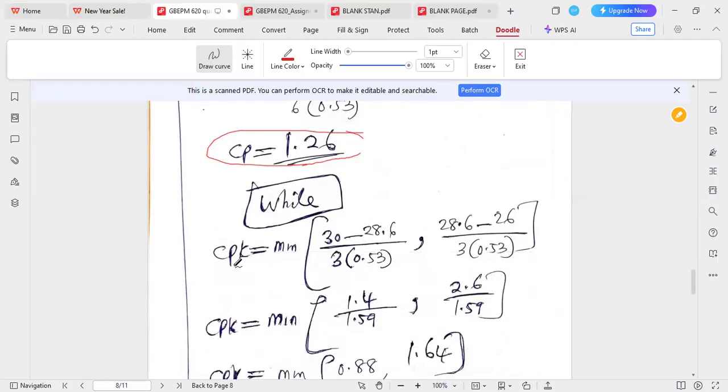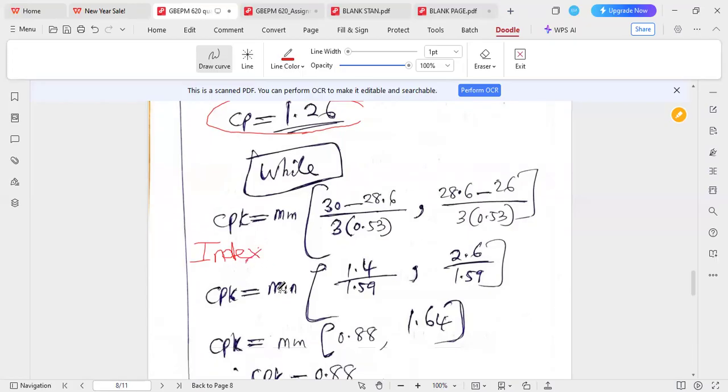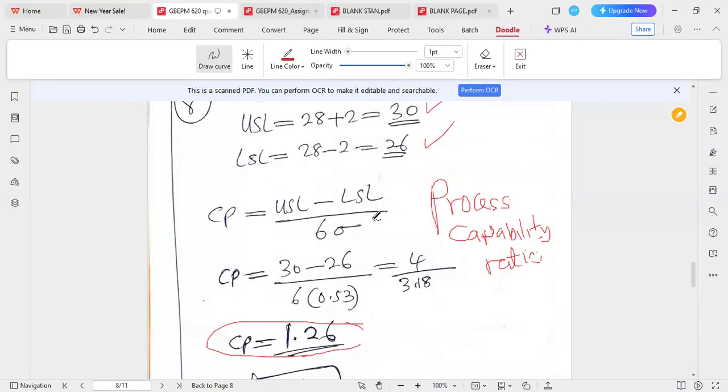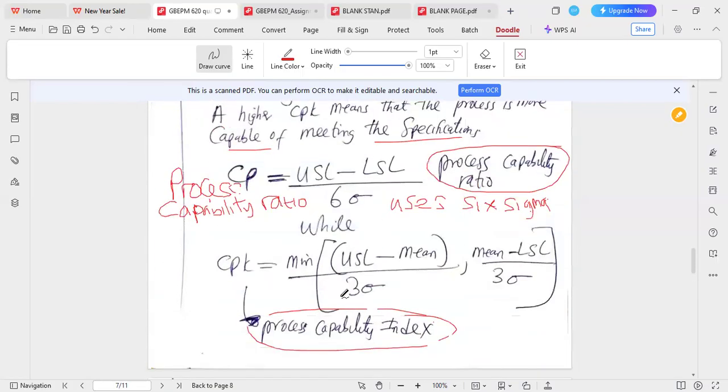Well, the process capability index. We are getting the minimum of, using the formula here, upper specification minus the mean over 3 sigma.